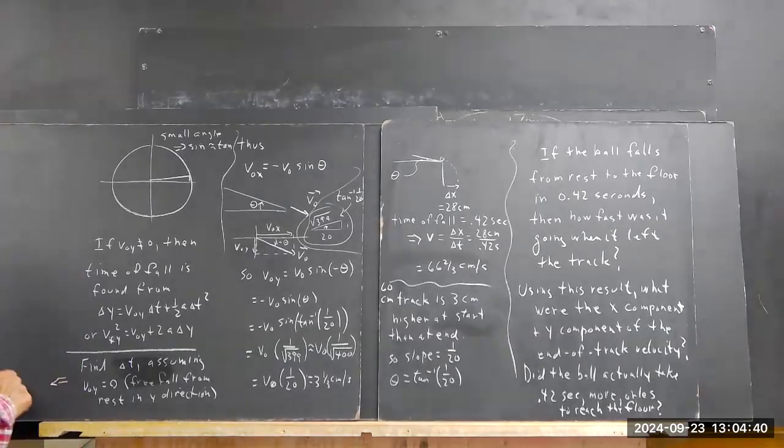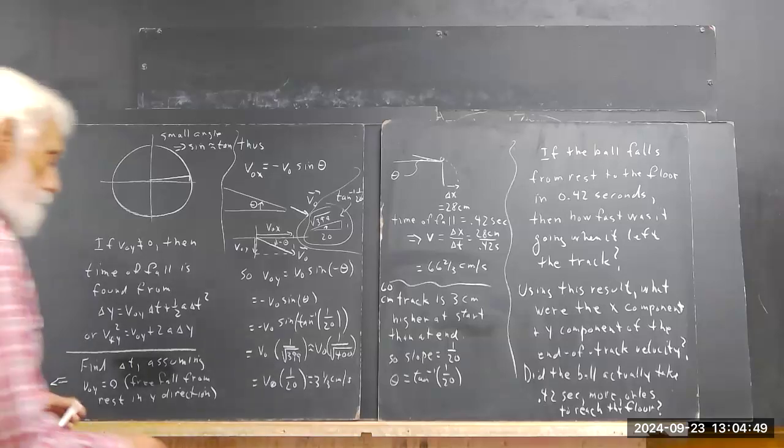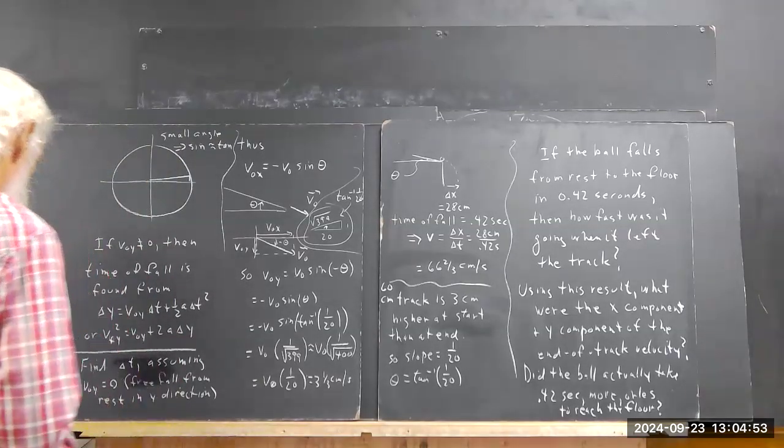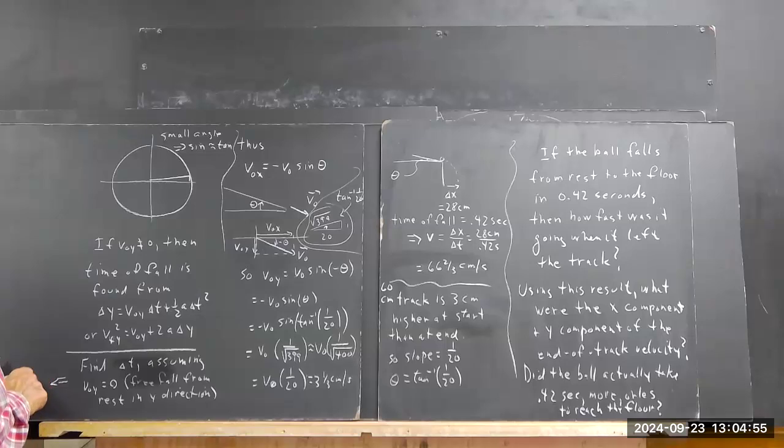This implies V naught, which implies V naught y, which is not actually equal to zero, though we use that as our first assumption.